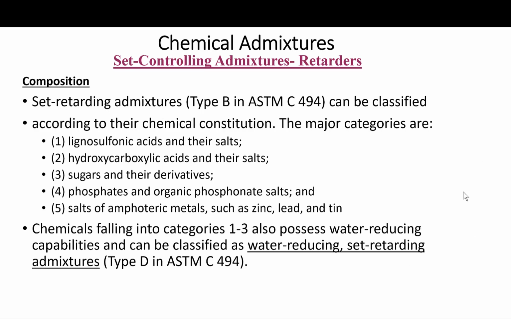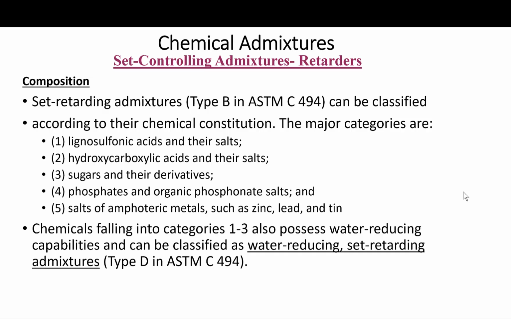Okay, so what is the composition of these set retarding admixtures? Type B set retarding admixtures in ASTM C494 can be classified according to their chemical composition. The major categories are as follows.